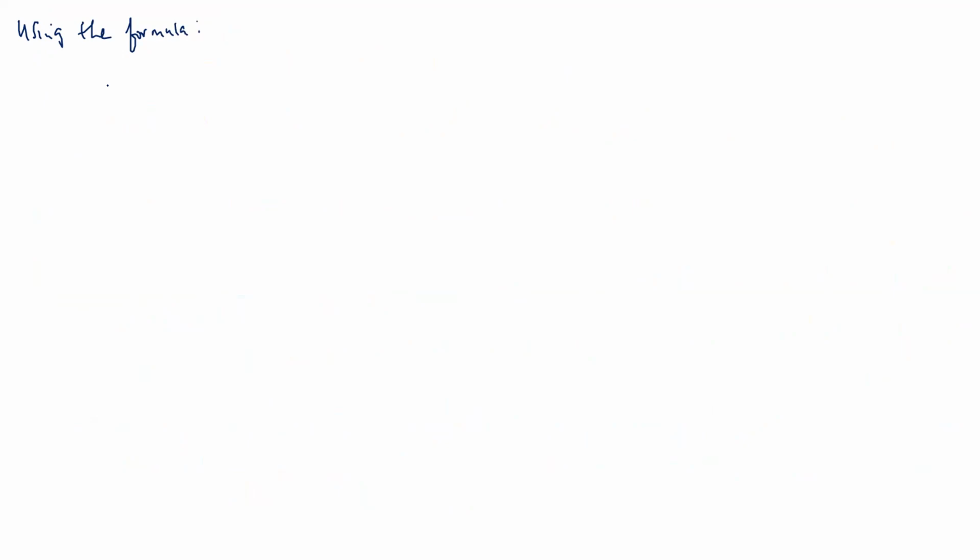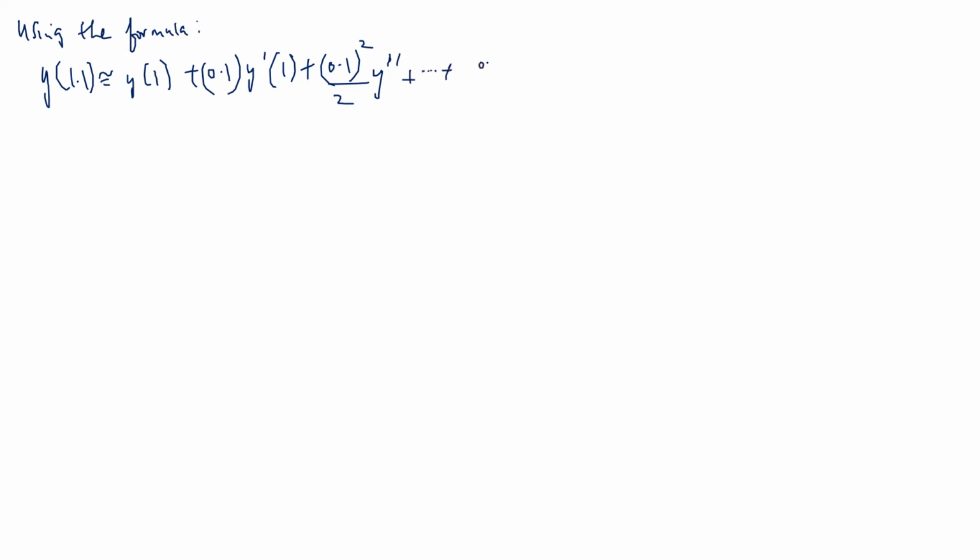There's a formula we wrote earlier. The formula was y evaluated at 1.1 is approximately y at 1, plus 0.1 times y prime at 1, plus 0.1 squared times y double prime at 1, and we can put the factorials at the bottom, up to the sixth derivative evaluated at 1.